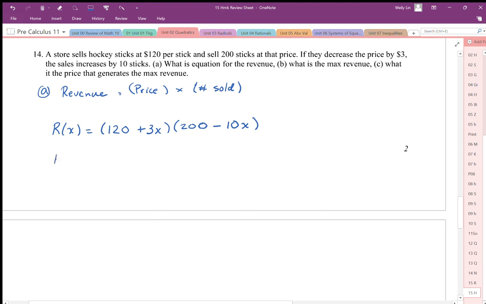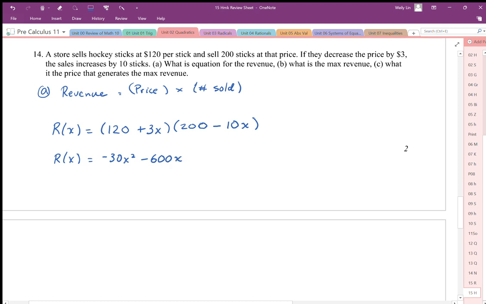So I'm going to expand this out. So I'm going to get negative 30x squared. I'm going to end up with 600 plus 600 minus 1200, so minus 600x as my middle term.